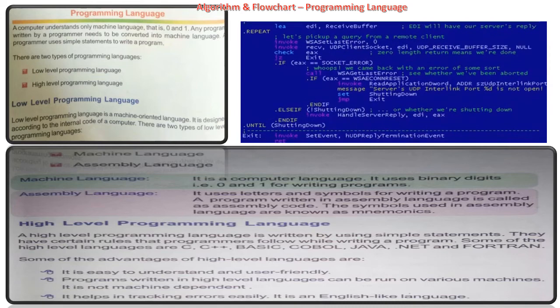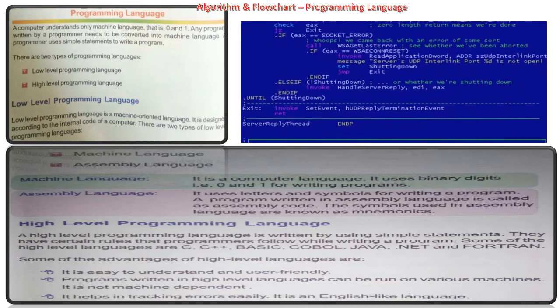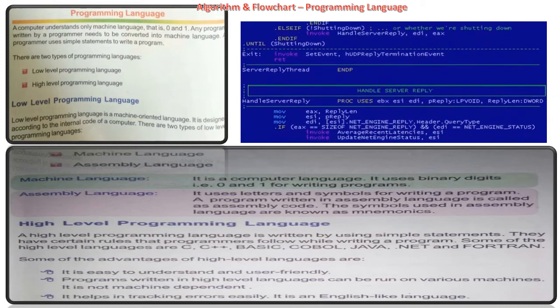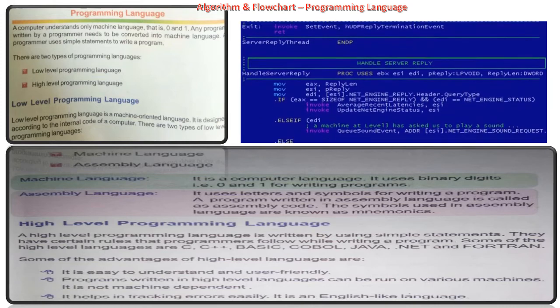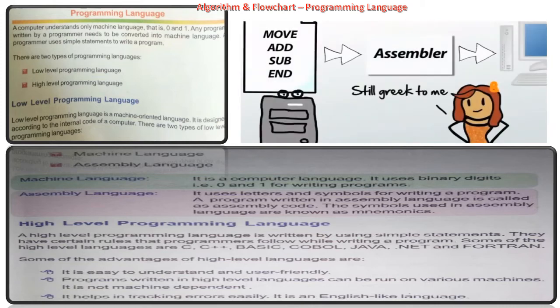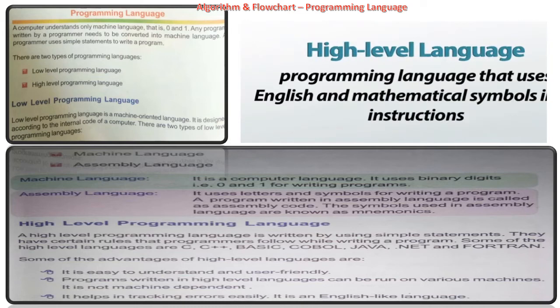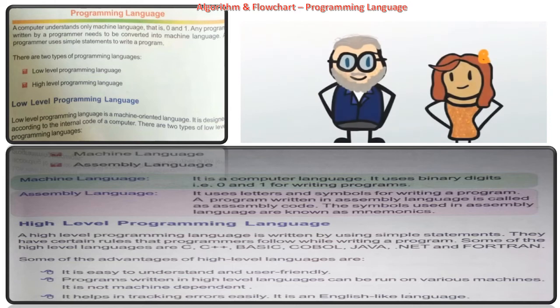Assembly language. It uses letters and symbols for writing a program. A program written in assembly language is called assembly code.